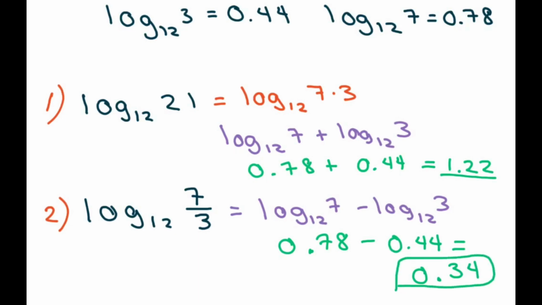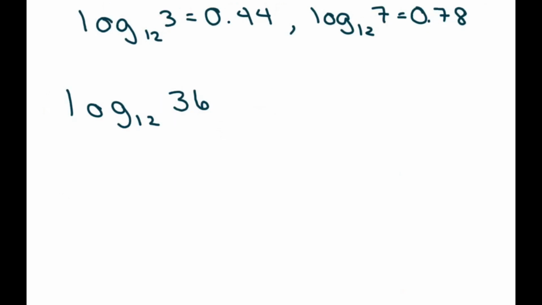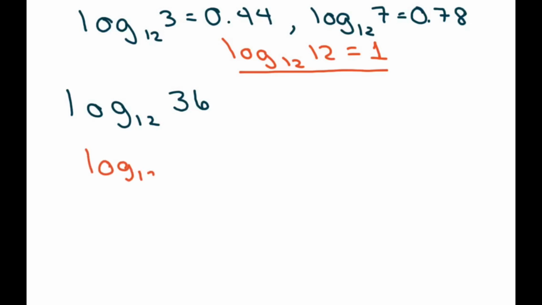Okay, now the next one is this one, and don't forget we also know that log base 12 of 12 equals 1. You're just supposed to know that. So let's write this as log base 12 of 3 times 12 and expand.